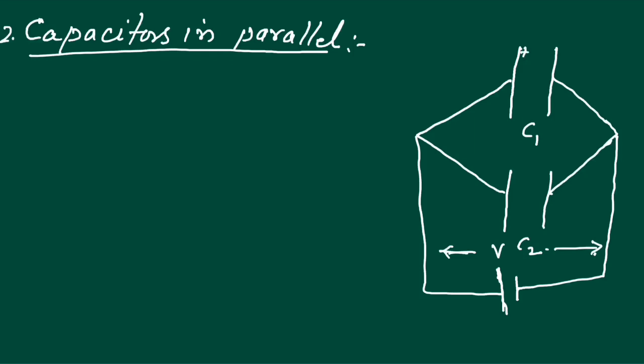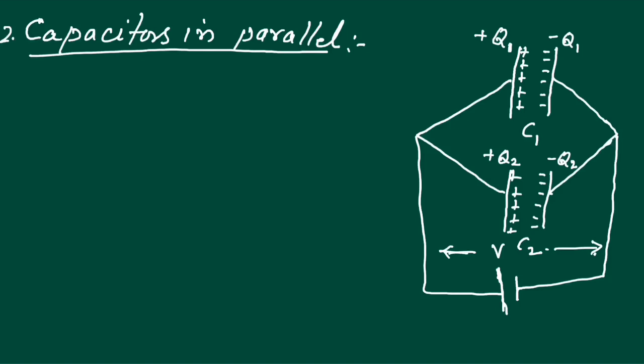Each has positive charge on the left plate and negative charge on the right plate, but the charge is different. One has plus Q1 and minus Q1, and the other will have plus Q2 and minus Q2. Therefore, the charge is divided, but the potential remains constant.